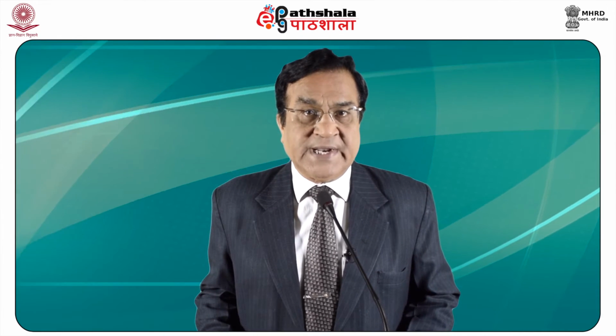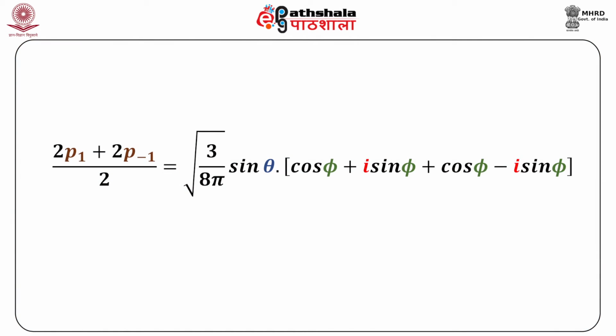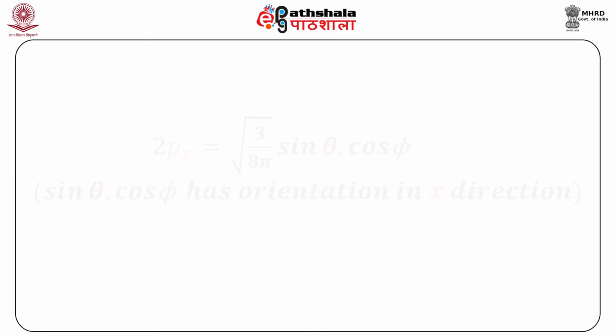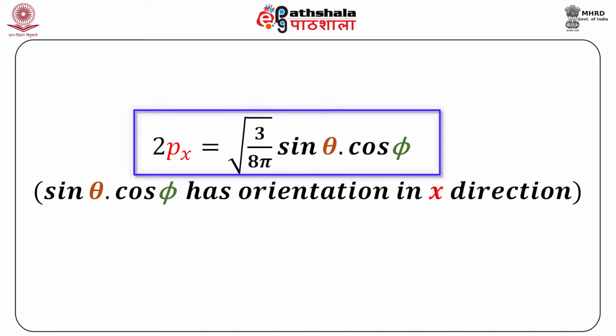Therefore, we can take linear combinations of these two, and what we get is one linear combination which is 2p1 plus 2p minus 1 divided by 2, and if we solve it, we get, as you can see here, under root 3 by 8 pi sine theta cos phi.